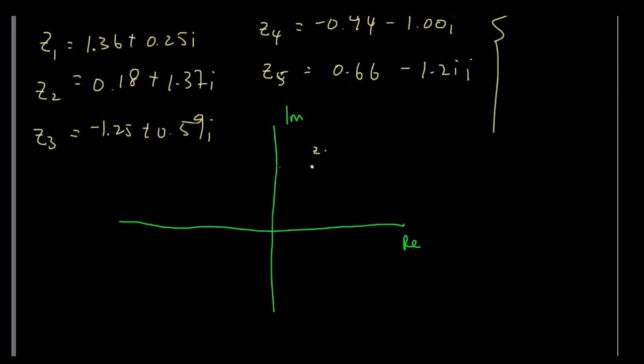Z2 should be somewhere around here. Z3 should be somewhere around here probably. Z4 should be somewhere around here, and then Z5 should be somewhere around here.